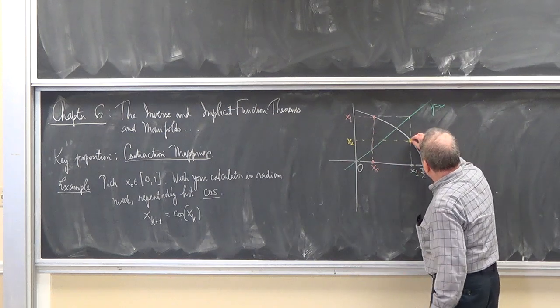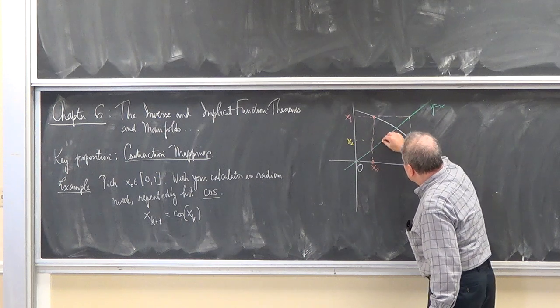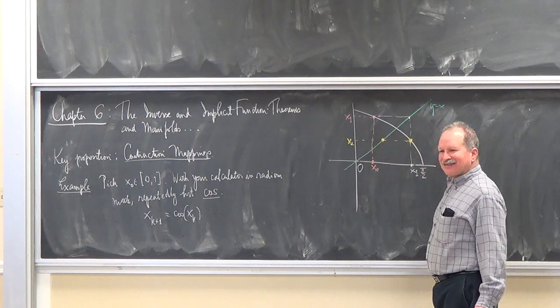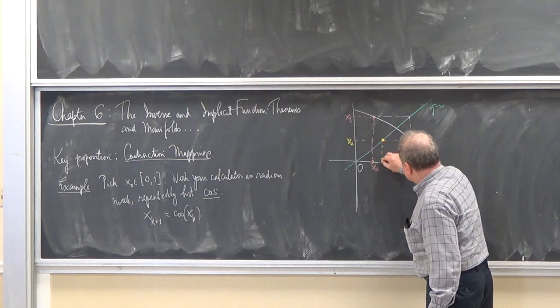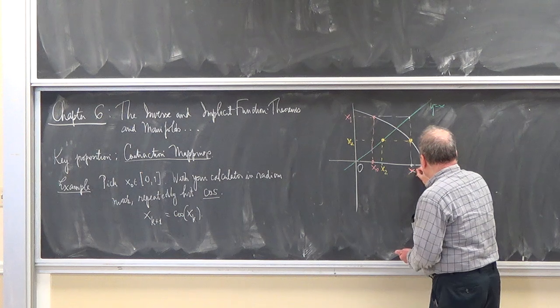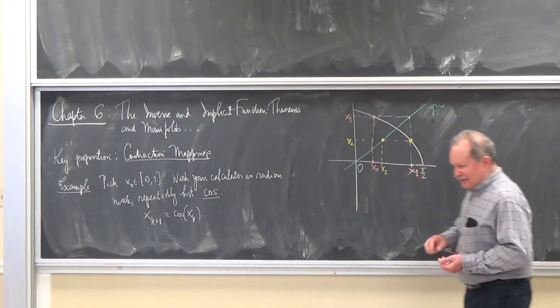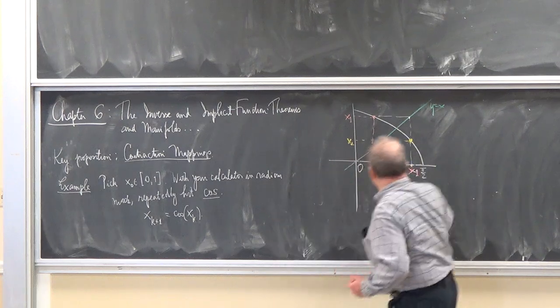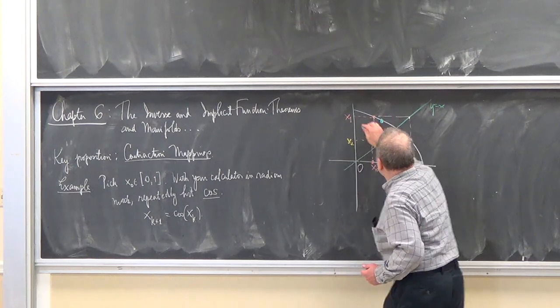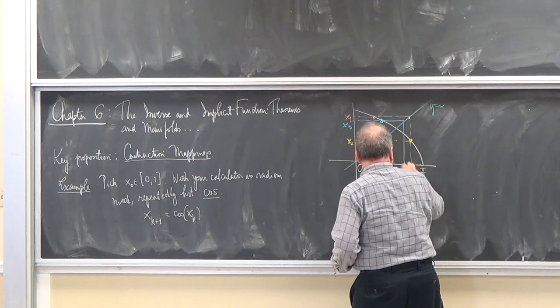I follow this point over to the line y equals x, and now that's x2 down here. Now I do cosine of x2. Well, that puts me up here. That's x3 now. I go over, back down, that's x3.